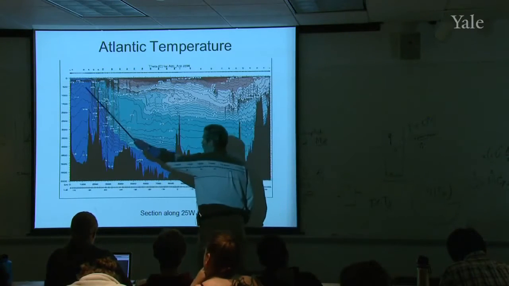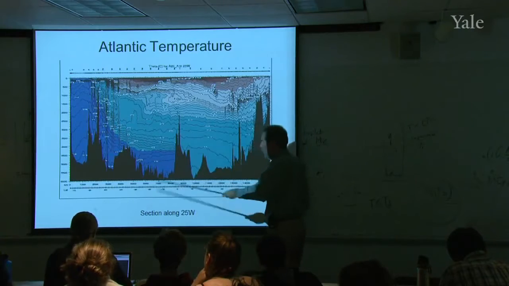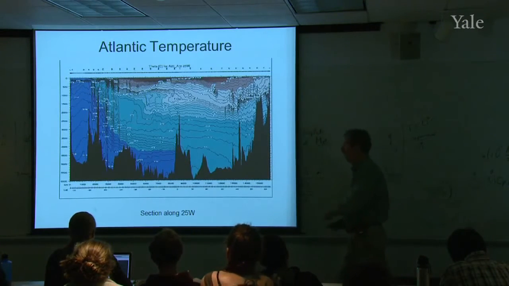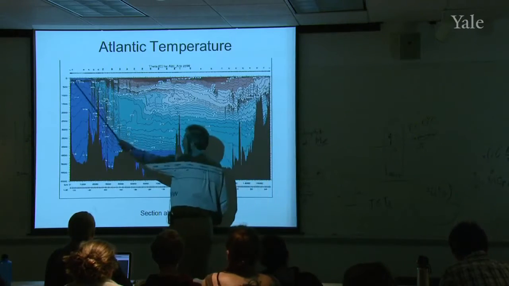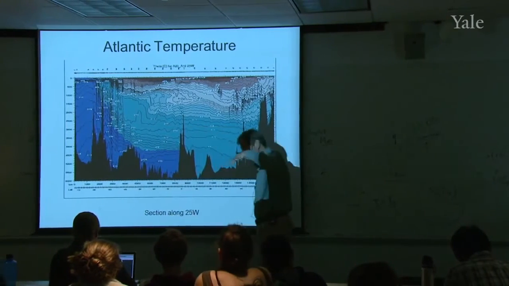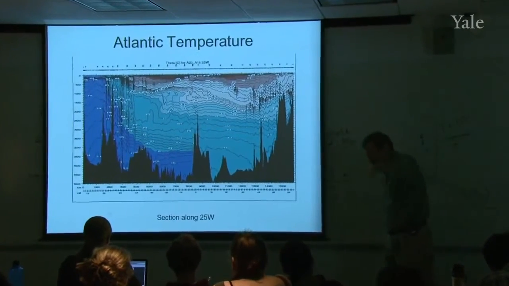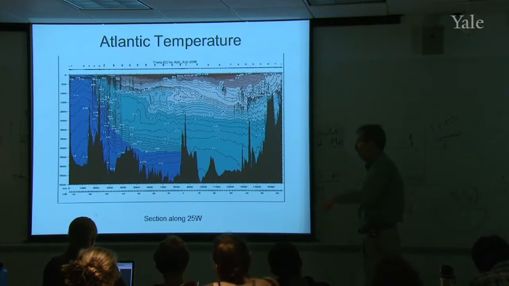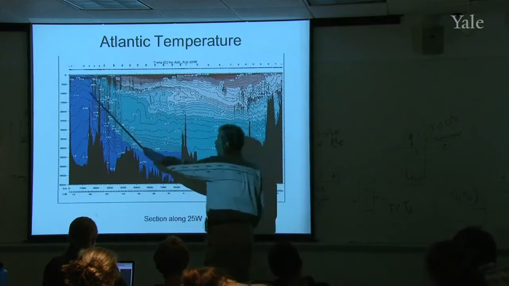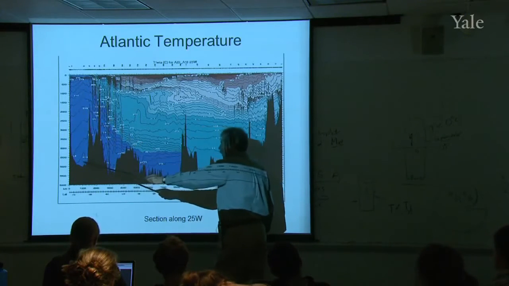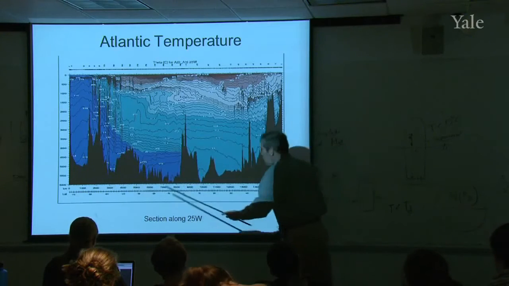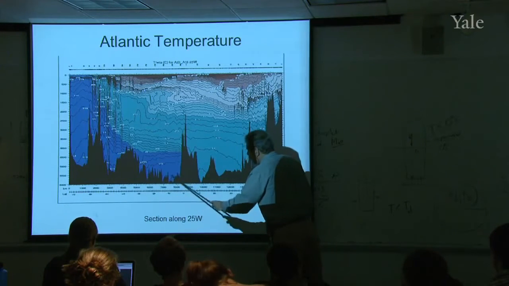I want you to notice this band of blue coming down here. We're going to identify that as Antarctic bottom water. It's very cold water that's formed where the ice sheets from Antarctica float out over the ocean and cool the ocean down. And that water becomes so cold and so dense that it falls to the bottom of the ocean and then spreads northward. In this diagram, it reaches the equator.